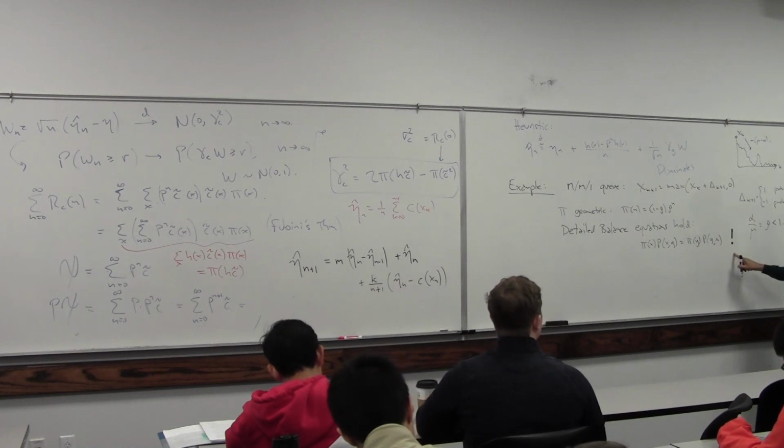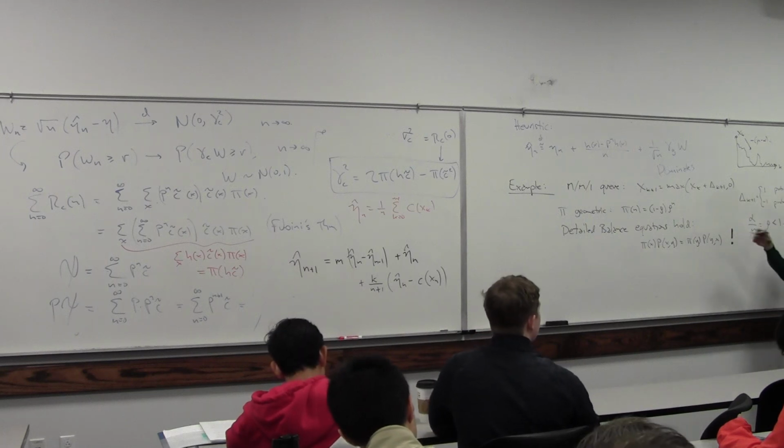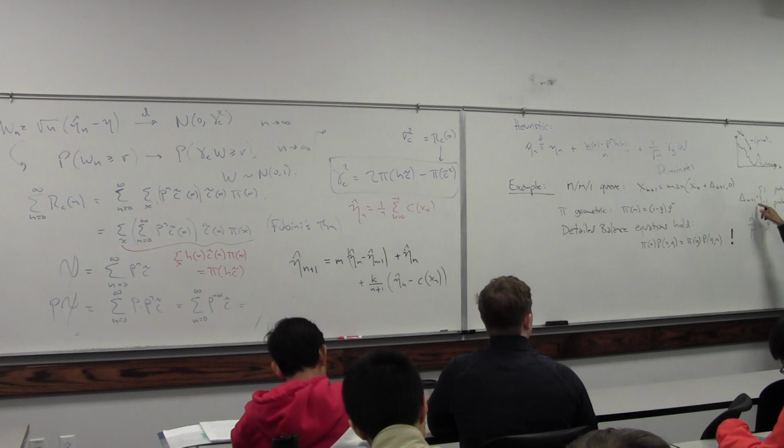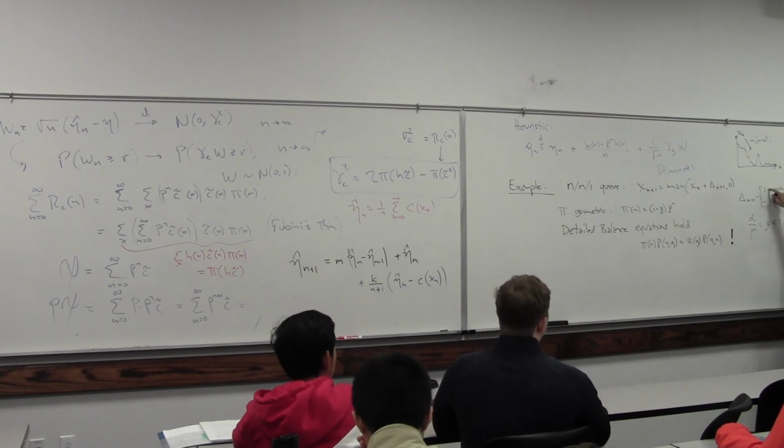This is a very, very special Markov chain. So if I made this different at all, suppose I made this uniform between -1 and 1, the detailed balance equations wouldn't hold. Suppose that this was equal to -1, 1, or 2 with different probabilities, then this wouldn't hold. It's only for this case.